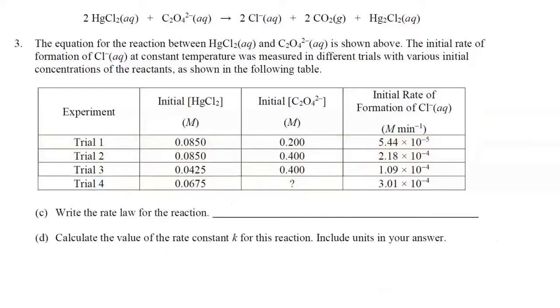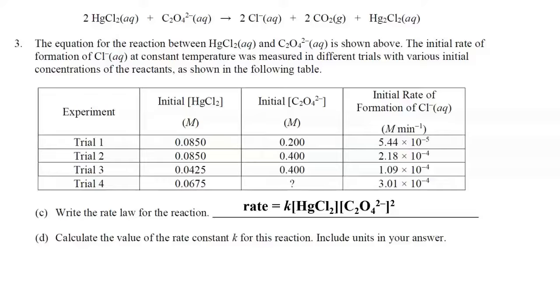So in part C, it says write the rate law for the reaction. So we know that this is first order with respect to HgCl2 and second order with respect to C2O42-. So those are the exponents that we use in the rate law. So rate equals k, the rate constant, times the concentration of each reactant raised to its appropriate power, the order.